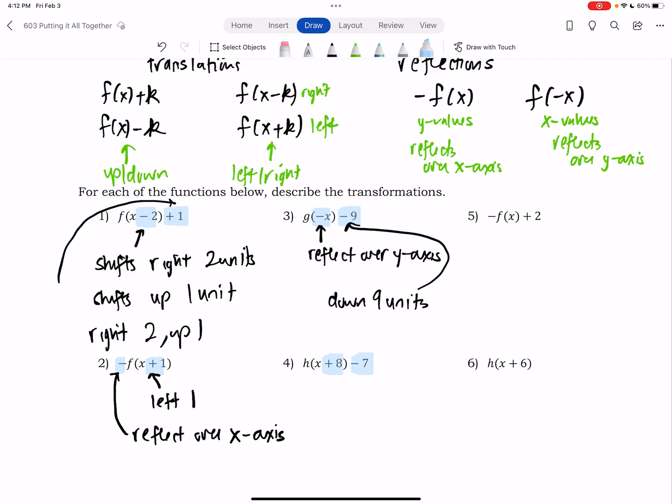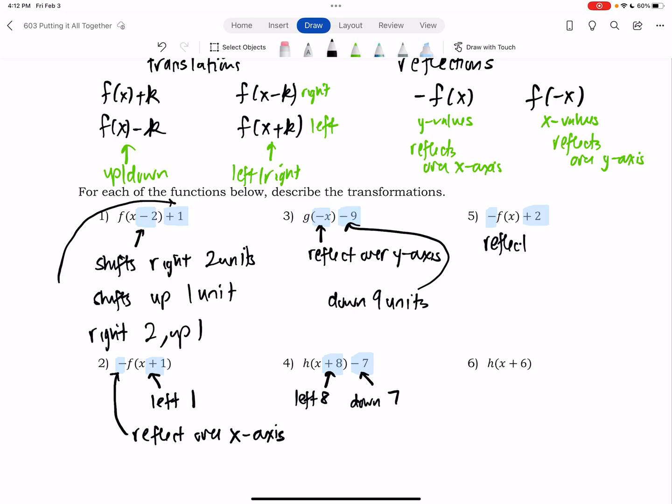Okay, +8 -7. Again, things on the inside go left and right, things on the outside go up and down. So this is a left 8 and a down 7. Okay, a couple more. Minus on the outside, +2 on the outside. So those are always affecting y values.